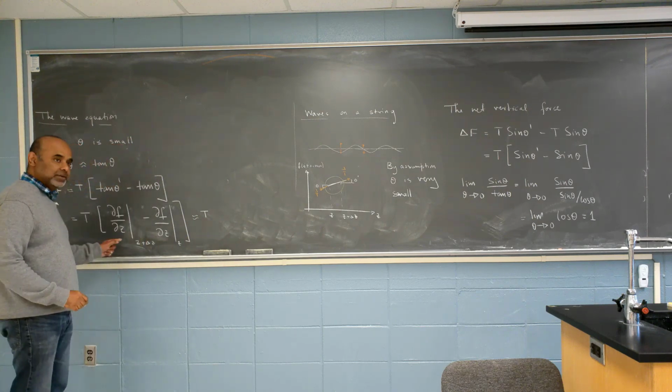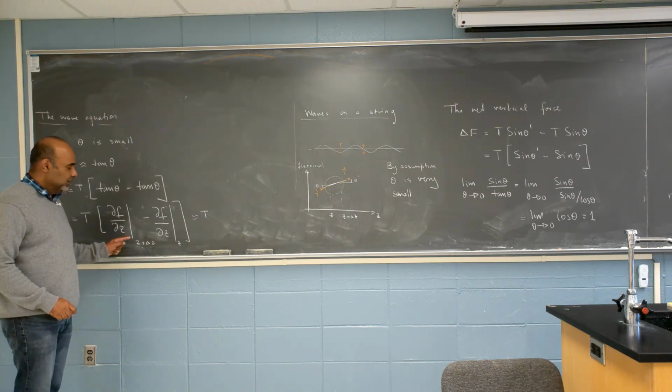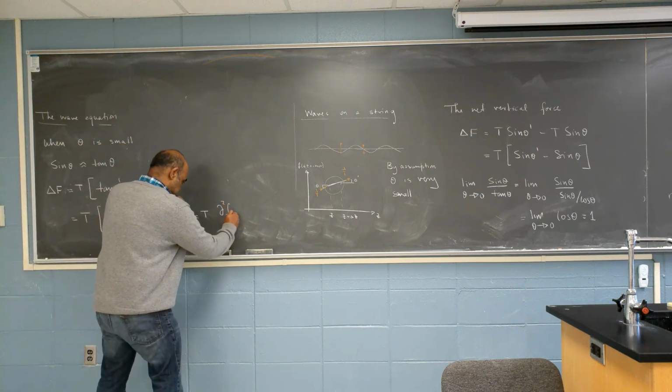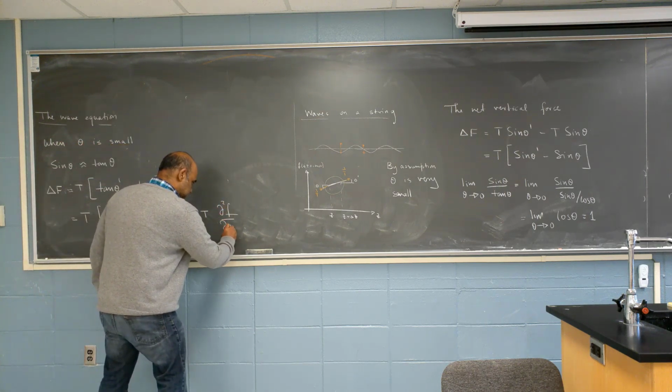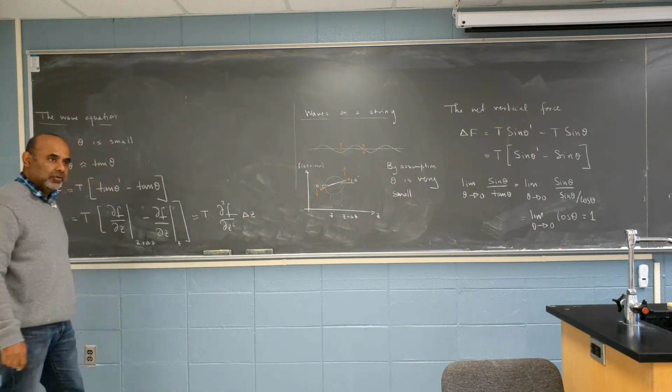This is the rate of change of the derivative. What is the rate of change of a function? It's the first derivative. This is almost the second derivative. Isn't that true?